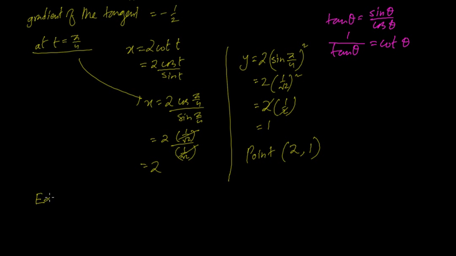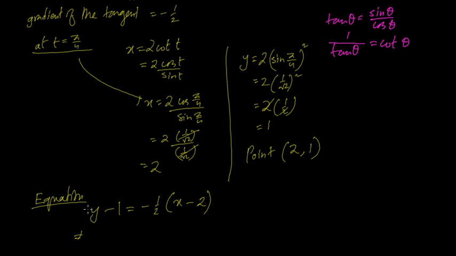Now we can find the equation of the tangent. The equation of the tangent is y minus y1, which is 1, equals m, the gradient, which was minus half, into x minus x1, which is 2.